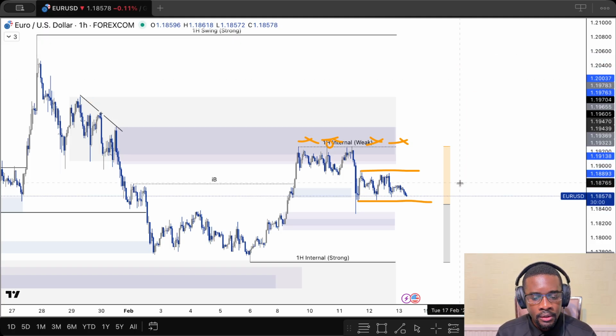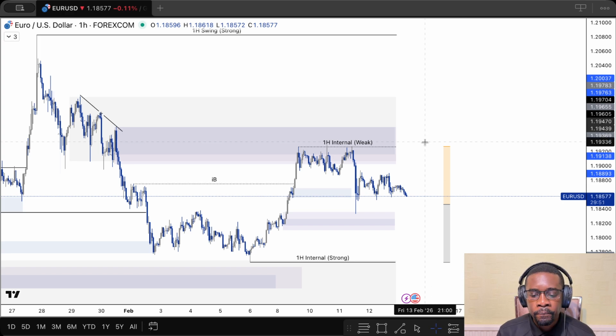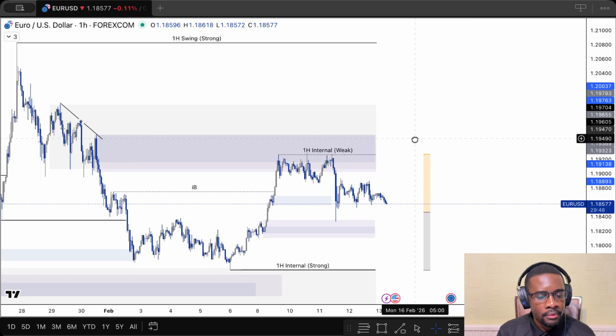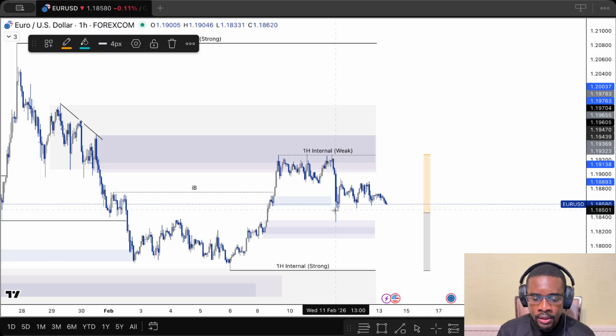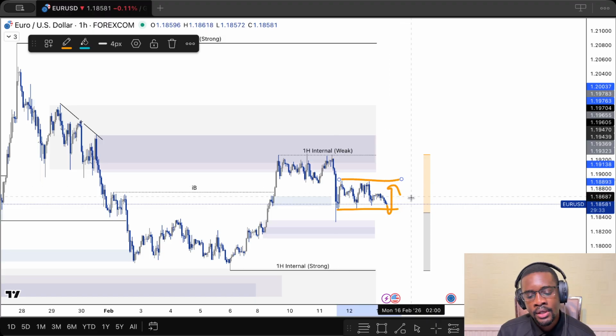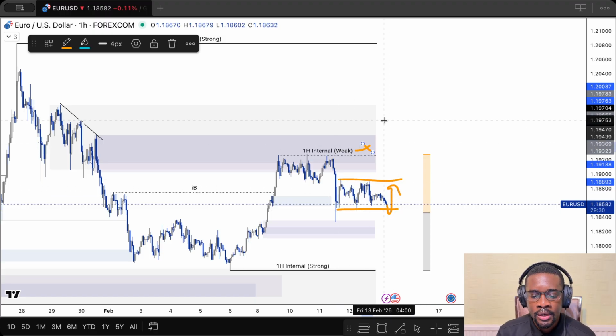And remember, this is a game of probabilities. So you may have the right idea and fail to execute and still have losses. But my expectation would be that we will probably sweep these lows, have a reaction, take out these highs, and then possibly take out all of that.